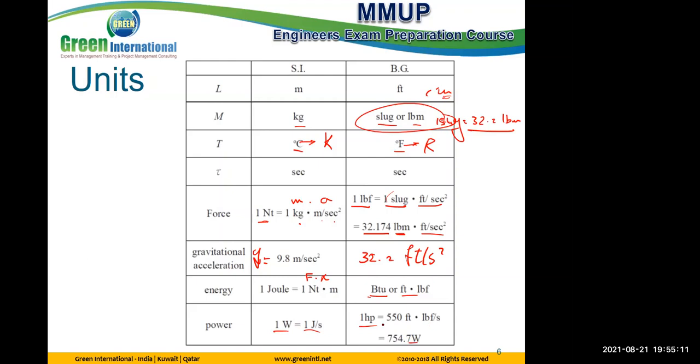This is important: 550 feet pound force per second is equal to 1 horsepower. These are some important units accumulated here. So just check all of this, and we can also check a lot during the solving of many questions.